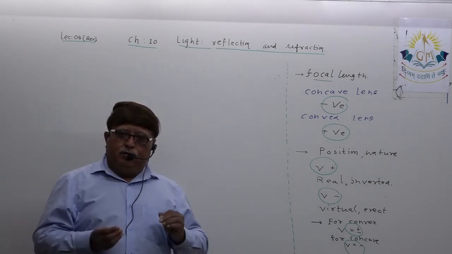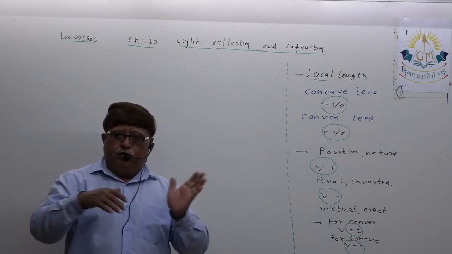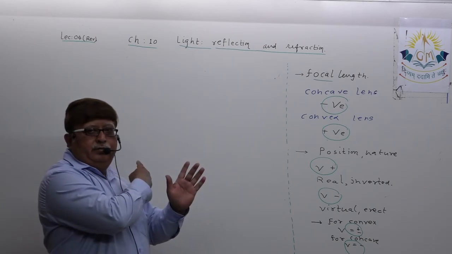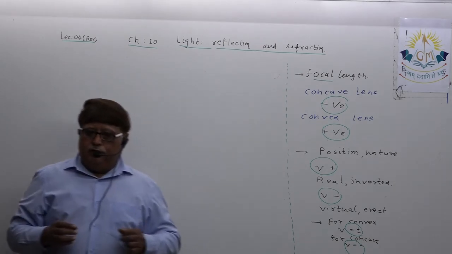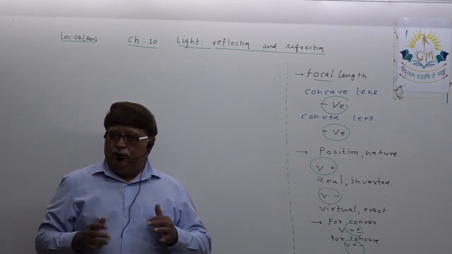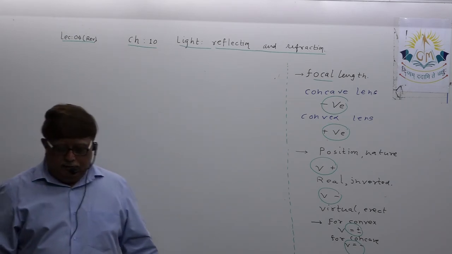Understand that convex means five types of image: four on the right side, real and inverted, and one on the left side, virtual, erect and larger. This ray diagram needs to remain revolving in your mind when you solve any particular example.